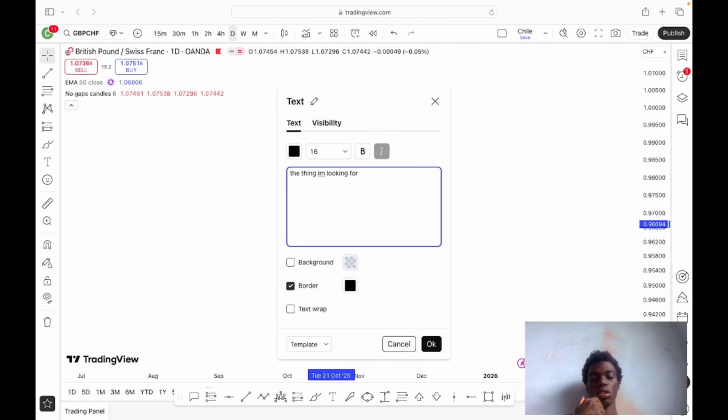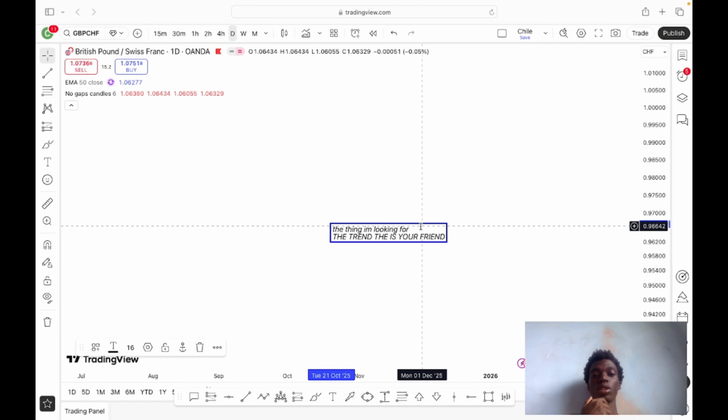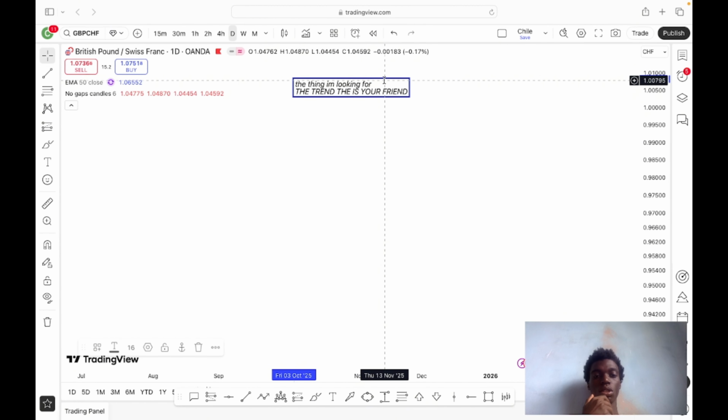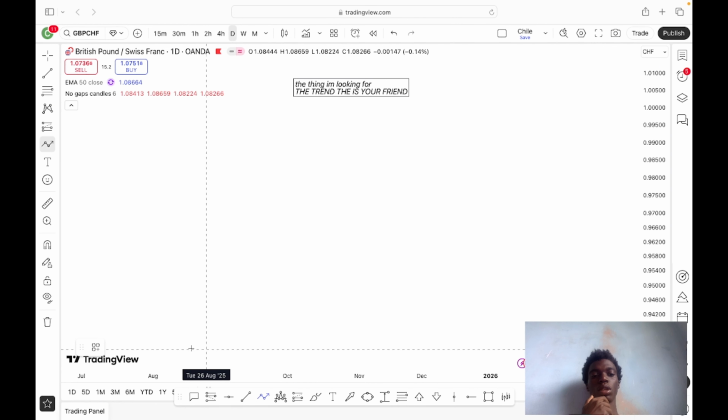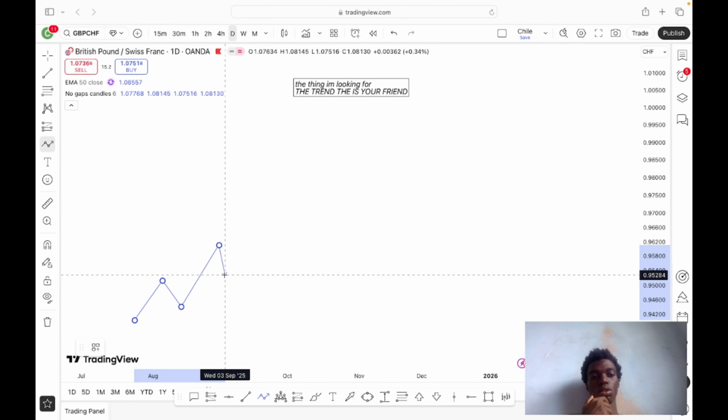The first thing is the trend. The trend is your friend. Everybody knows this. When you're looking for a setup in the financial market, you have to look for a trending market, something which is doing like this.